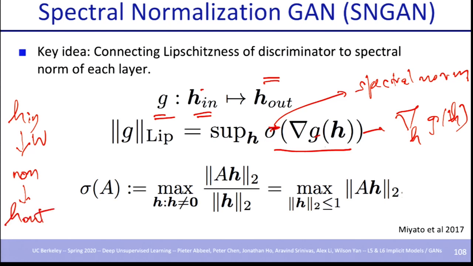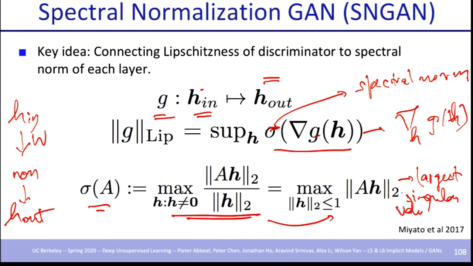So firstly, what is the spectral norm? For those of you who are already familiar with optimization or linear algebra, spectral norm is written this way. It's this particular optimization problem, which can in turn be written as the max over all vectors h bounded by unit norm of A times h. That's the spectral norm for this matrix A. And this is basically the largest singular value of A. If you do a singular value decomposition of A, this is the largest singular value.